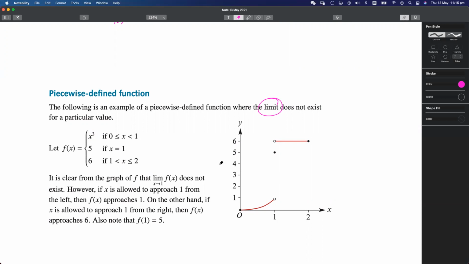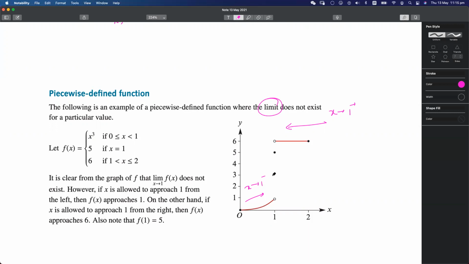because if x is allowed to approach 1 from the left, then f of x approaches 1. So from the left, approaching x is equal to 1, this is going to give you 1. That's x goes to 1 negative. From the right, that's x goes to 1 positive, and this one will give you 6.